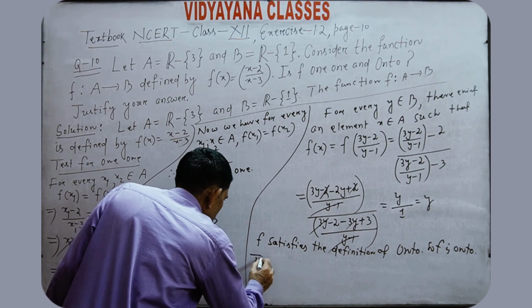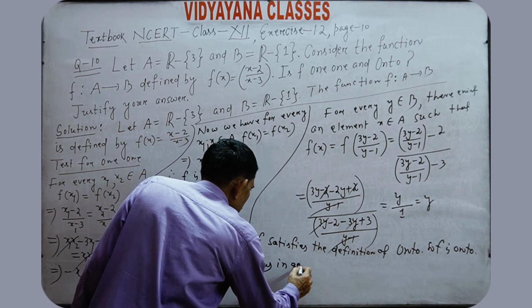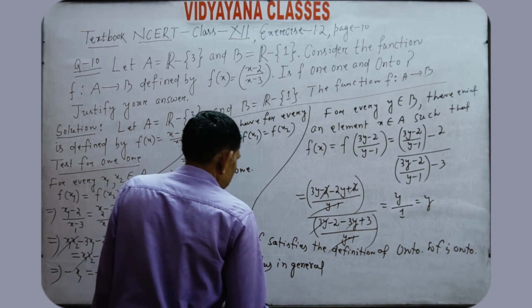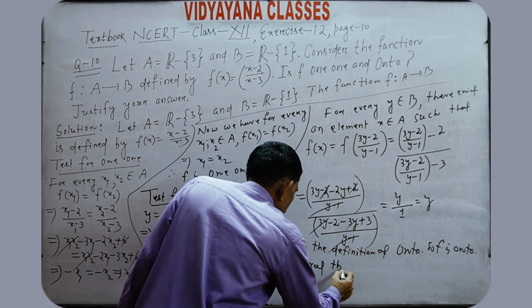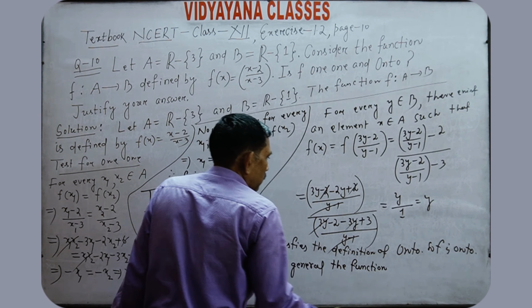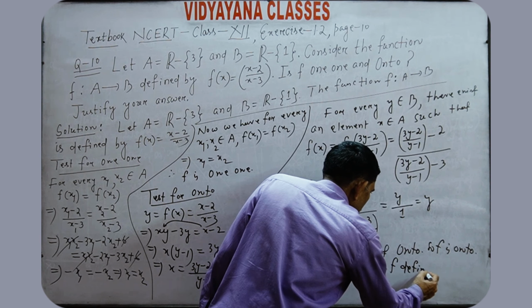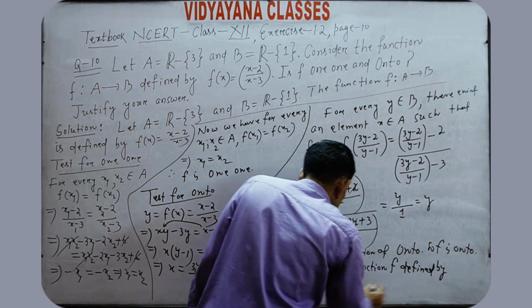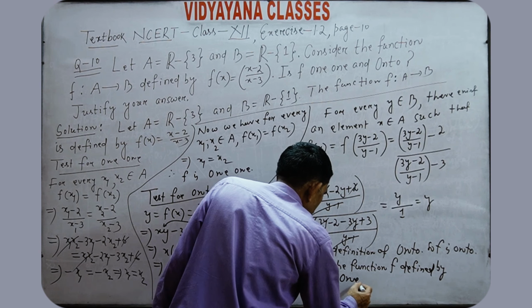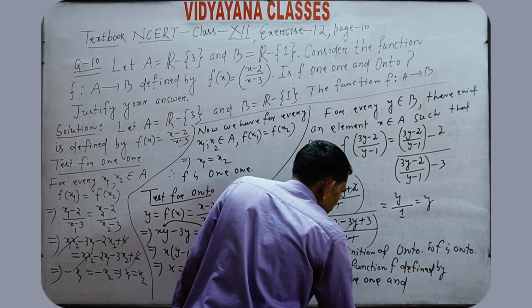Thus, in general, the function f defined by this is 1-1 and onto.